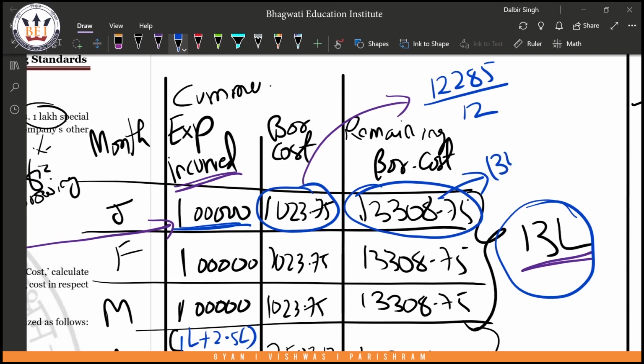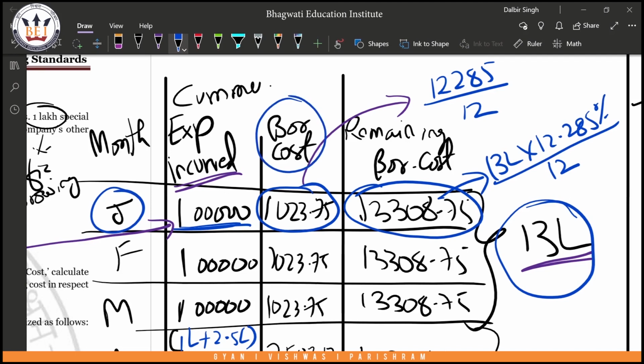This is 13 lakhs into 12.285% divided by 12. That is how I got it. So for the month of January, I am paying the interest on the whole 14 lakhs. But to the extent of 1,023.75, I am treating it as borrowing cost. The remaining is there. I am not discussing the treatment of the remaining now. We will look at that a little later.